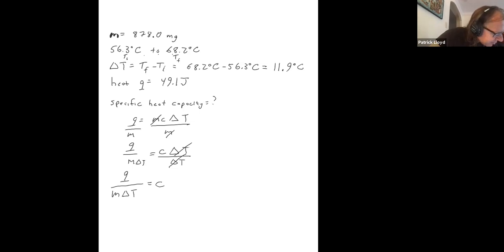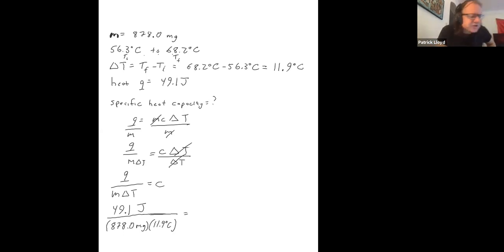Okay, so let's take a look. So we have 49.1 joules. So I'm substituting in all of our values. So there's our Q. Our mass is 878.0 milligrams. And our change in temperature is 11.9 degrees C. Okay, so notice none of the units cancel, right?